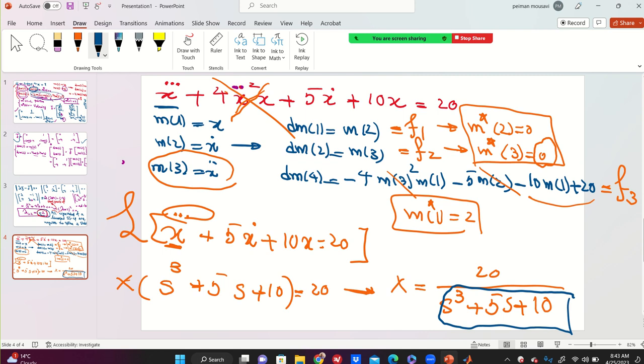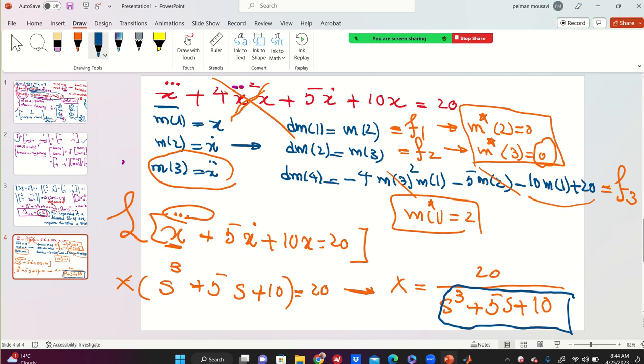What's the first condition? The first condition is all the coefficients must exist and be positive. That's right.